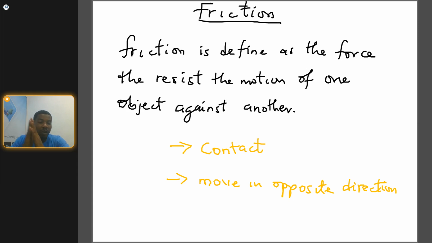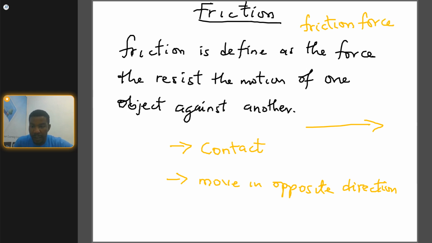And that is as a result of what? Friction. So in friction, there's a force that acts against motion. Motion has to do with a movement in one particular direction, but the force that acts against that motion is what we call the frictional force.